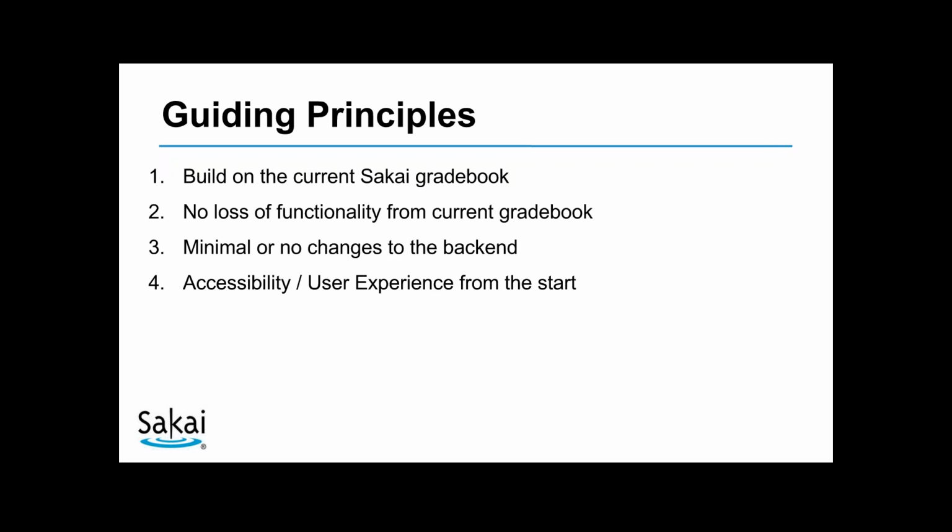And finally, we wanted to think about accessibility and user experience from the start of the project, not something that we tried to add in later. And we had great help from an external vendor that we used in this regard. So with that, I wanted to turn it over to Kyle, and he will show you the gradebook.